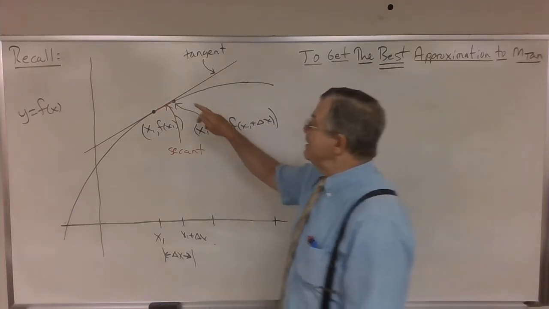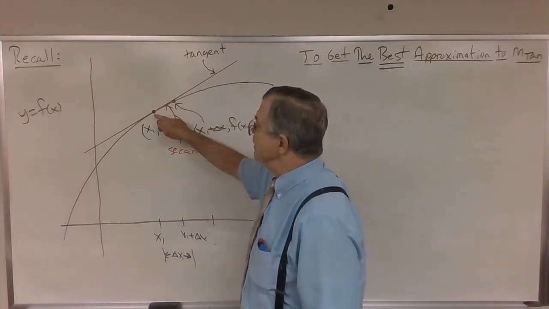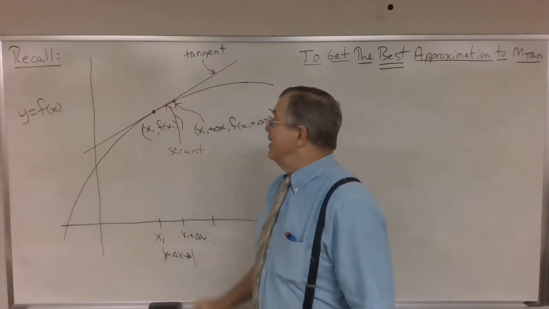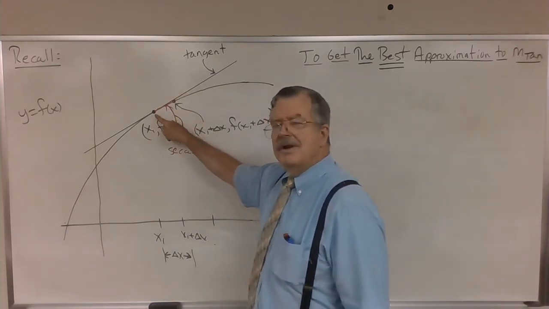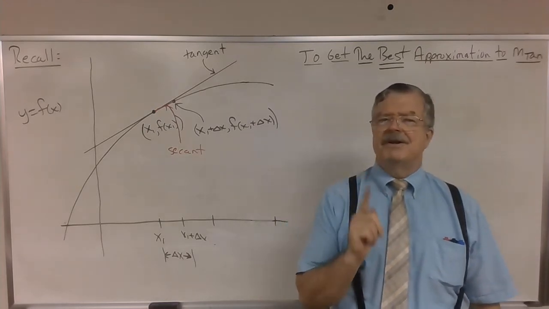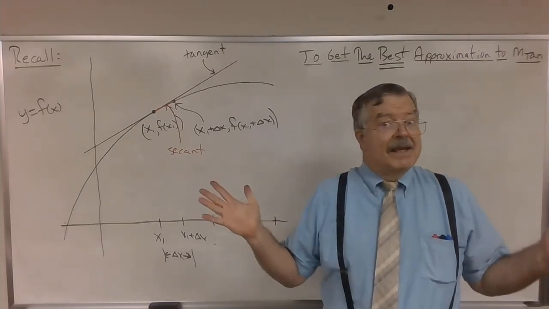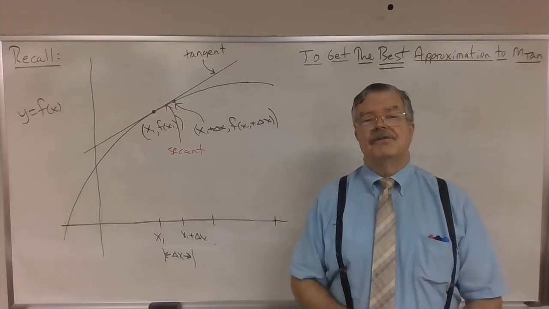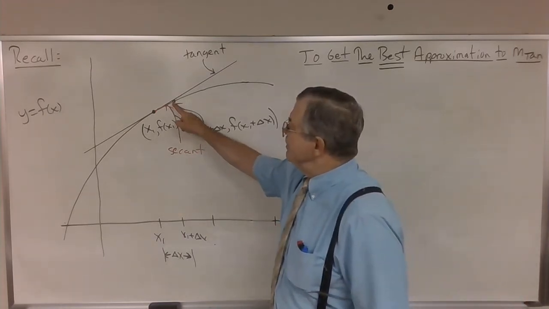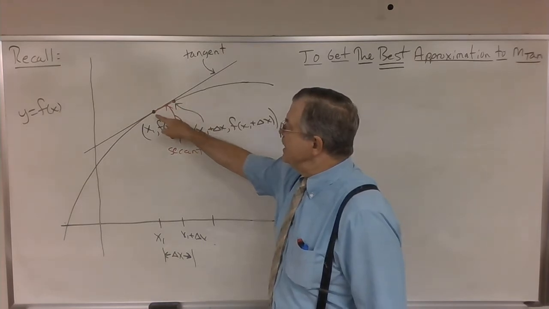So if I take the end point of this secant and put it on top of that point so that they're one and the same point, then these 2 points are one and the same point. We only know the coordinates of one point on the secant, and we can no longer compute the slope of the secant. So we can't actually make this point equal to that point.